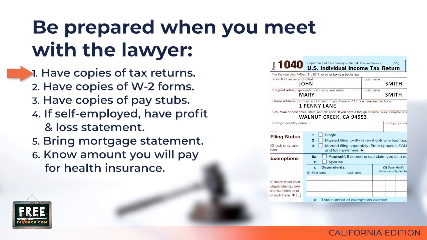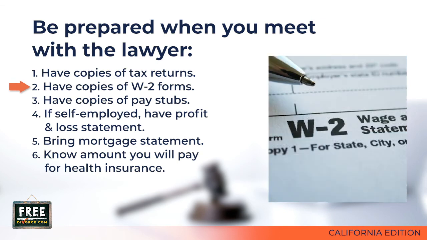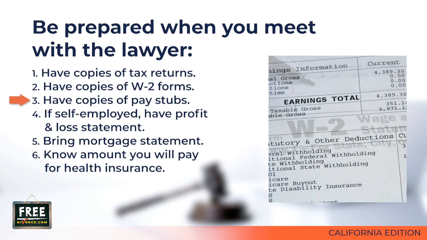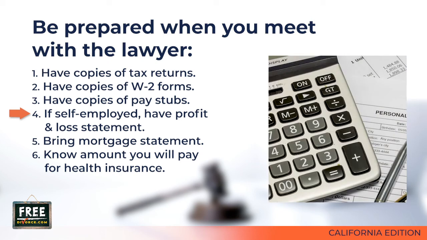In order to be properly prepared, you should bring with you copies of your last 2 income tax returns, copies of last year's W-2 forms for both you and your spouse, and copies of the most recent pay stubs for both you and your spouse. If you and/or your spouse are self-employed, bring a current profit and loss statement for your business.